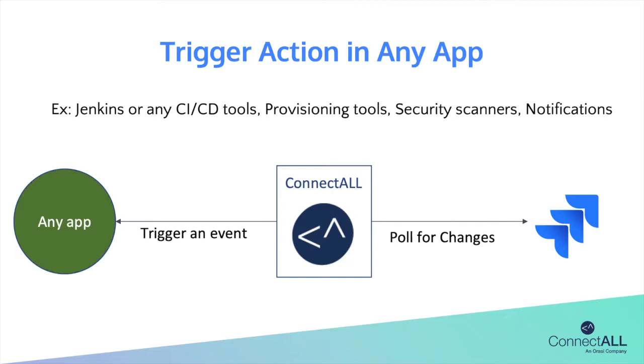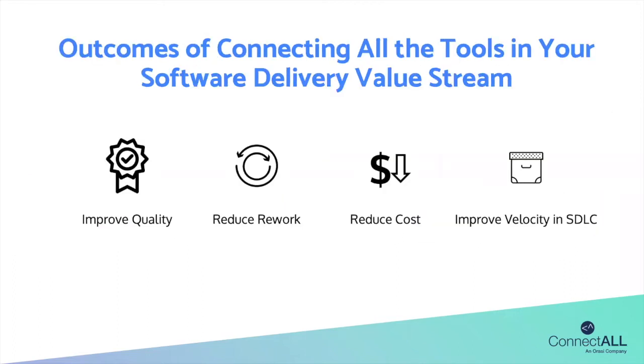So the universal adapter has a lot of great use cases that can be used to improve your software delivery value stream. And the outcomes you can expect by connecting your full value stream, using that from the right to the left, is you're going to improve quality, going to reduce rework.